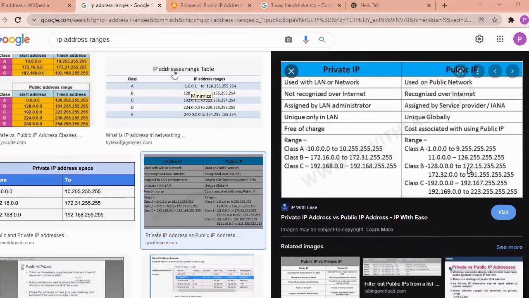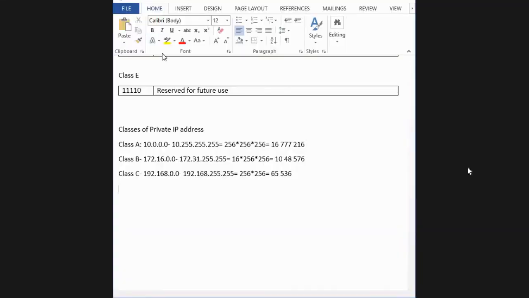Okay, so I hope this is clear now, what a public IP address is and what a private IP address is. Or if you want, I will show yesterday's diagram again, otherwise we will start the next topic. No, ma'am. You can go ahead. Okay, thank you.